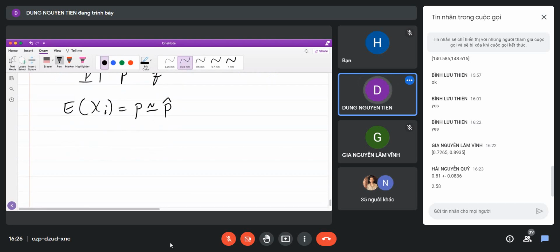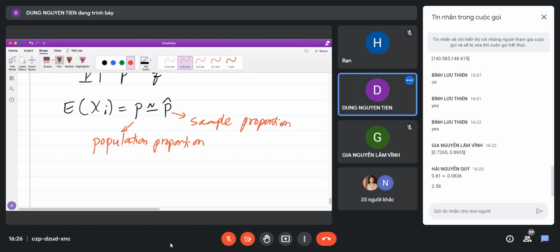This p is called the population proportion, and this p hat is called the sample proportion.